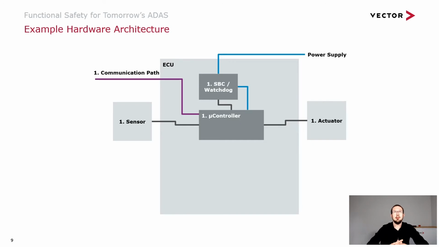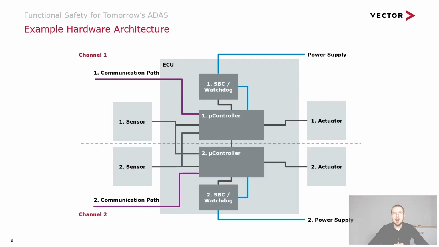Now we need to move to fail operational. And fail operational means we have to either avoid these faults or we have to tolerate these faults. And toleration of the faults means that, for example, if a sensor fails, we need to fall over to a backup sensor. If an actuator fails, we need to have a backup actuator in place. And this means now the inclusion of a redundant system.